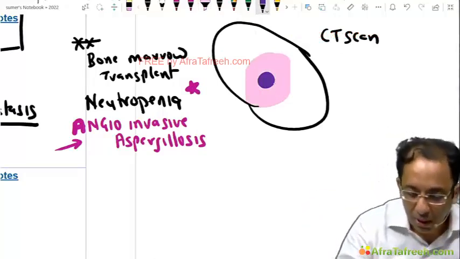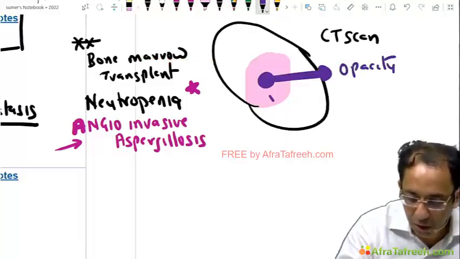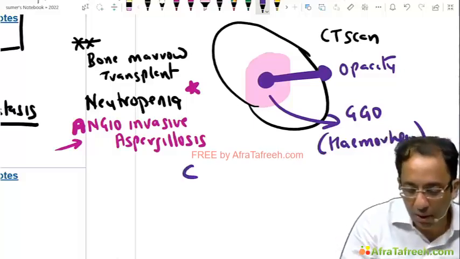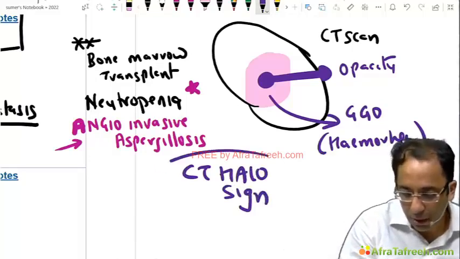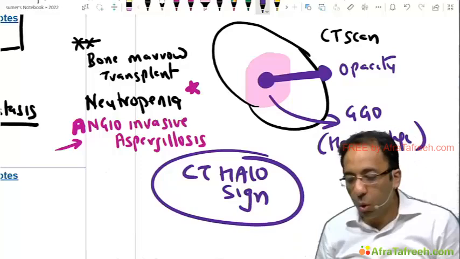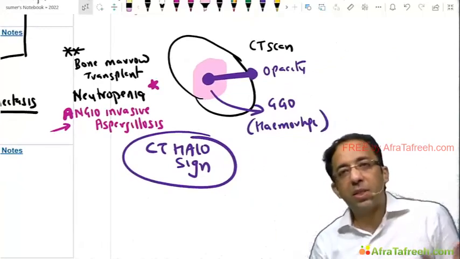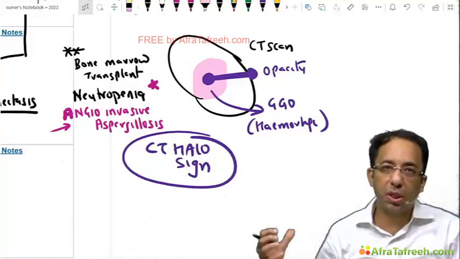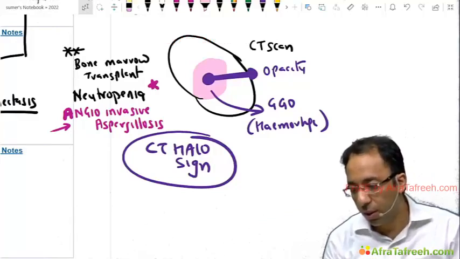So there will be central consolidation or central opacity because of consolidation, surrounding ground glass opacity because of hemorrhage, because it is invading the blood vessels. This is called as CT halo sign. Okay, and this can happen without a tubercular cavity, Gaurav, because this is an opportunity given to the organism by your neutropenia. So this is angioinvasive aspergillosis causing a consolidation with surrounding hemorrhage. This is called a CT halo sign.